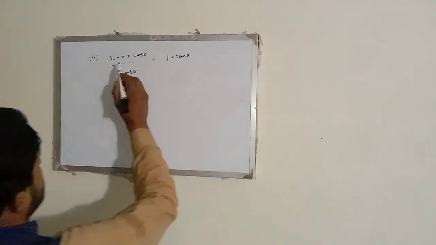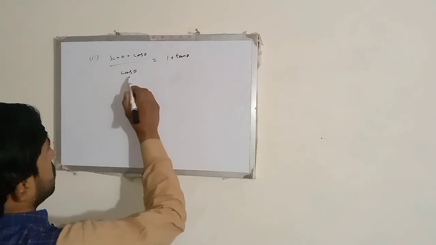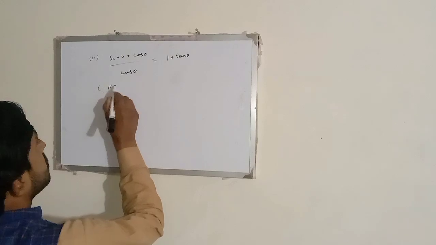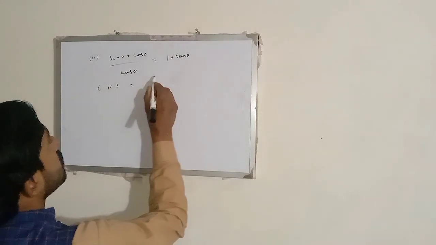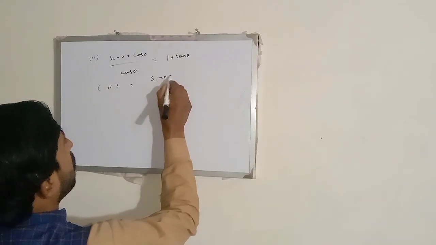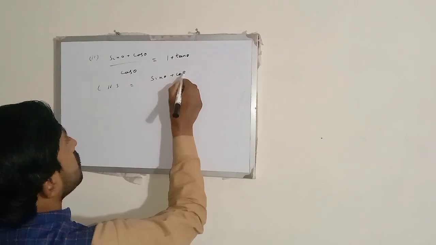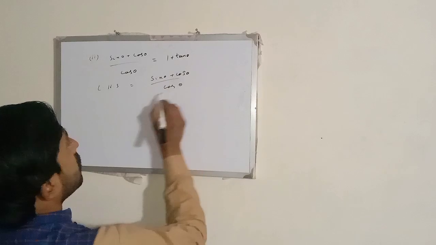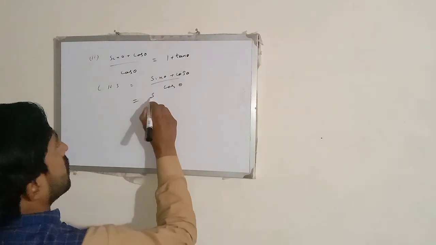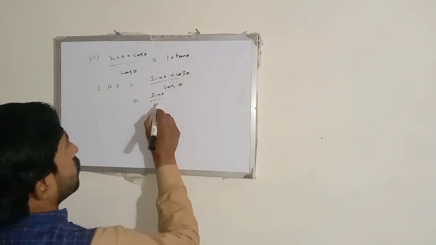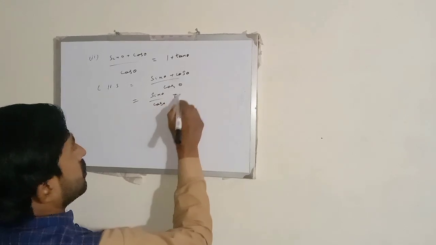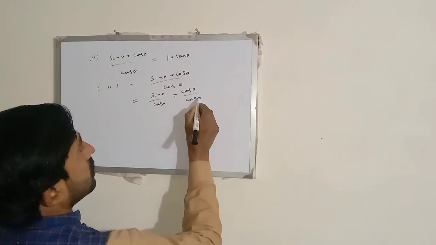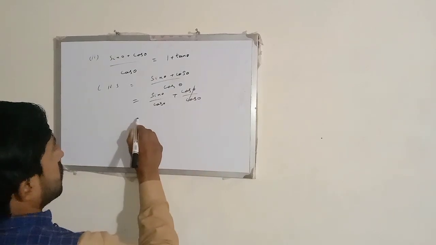The second identity is (sin theta plus cos theta) over cos theta is equal to 1 plus tan theta. Take the left hand side, which is equal to (sin theta plus cos theta) over cos theta. Separate both terms: sin theta over cos theta plus cos theta over cos theta. These same terms cancel each other.